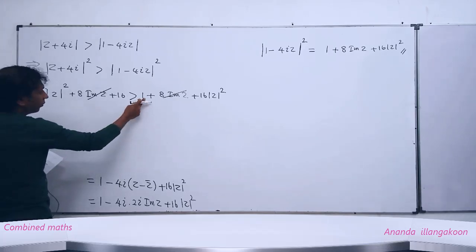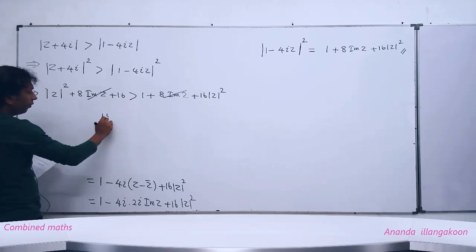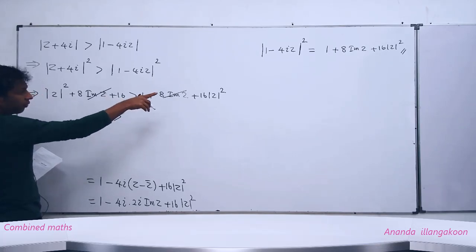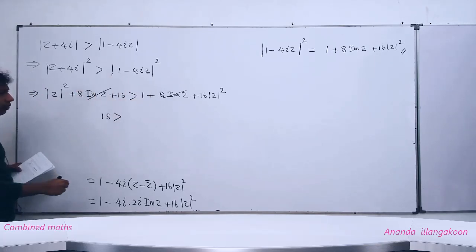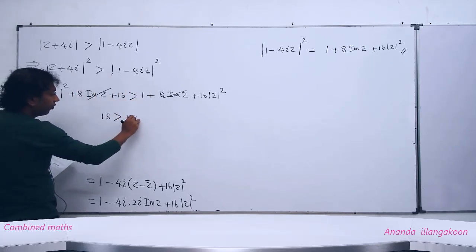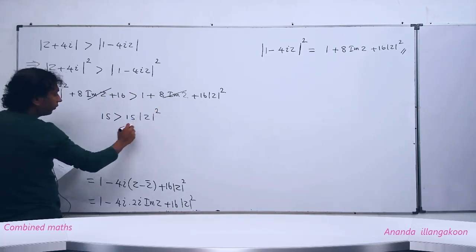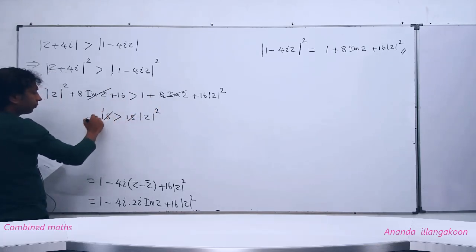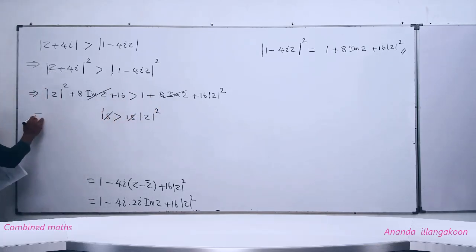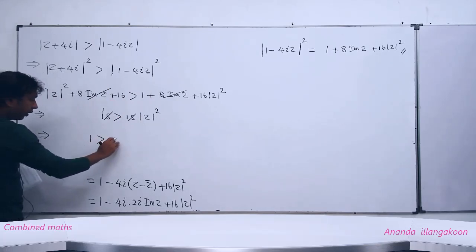Then bring this 1 to this side, then it will be 15 greater than 16 mod z squared minus mod z squared. Bring it to the right-hand side, it is 15 mod z squared. These two again you can remove, right? Then we have here 1 greater than mod z squared.